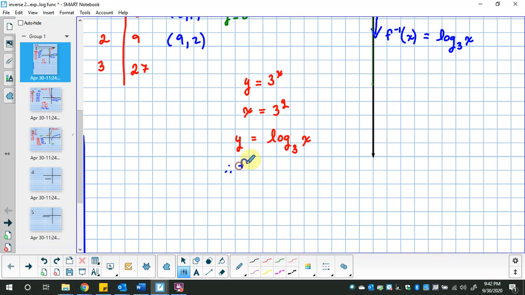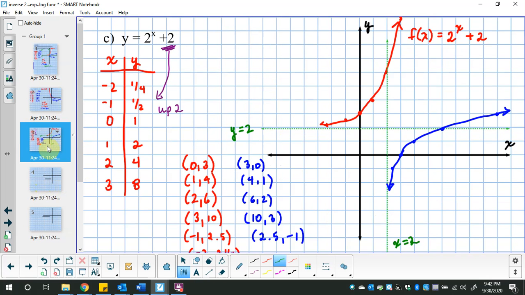Therefore, f inverse at x is equal to log base 3 of x. So that's how you say that. And I will write this down at least one more time in the course of the lessons.